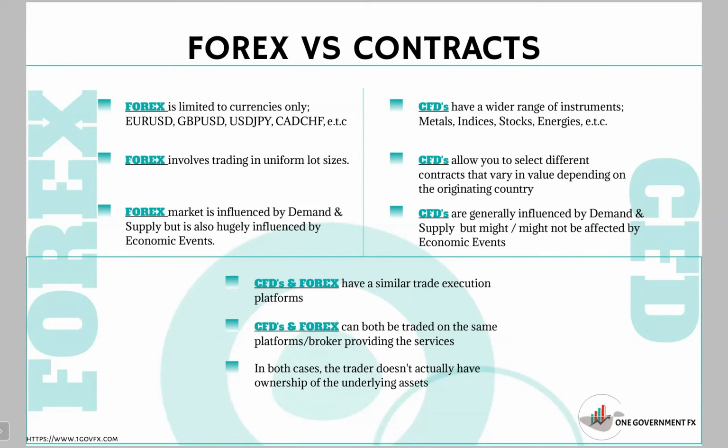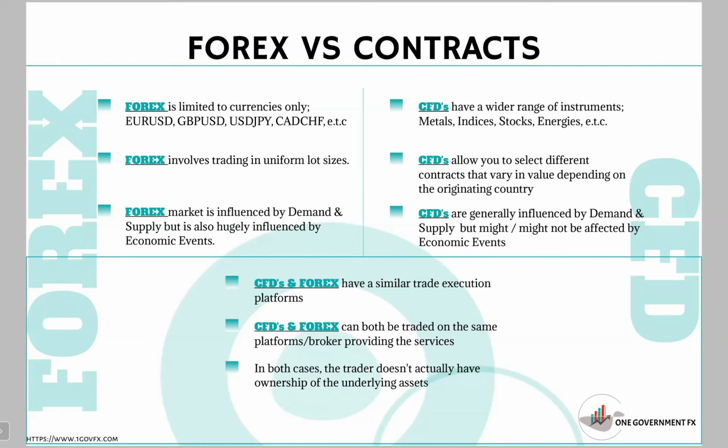Forex involves trading in uniform lot sizes. You may not know what lot sizes are now, so just take note of this. Further on in the course, we would break this down. CFDs allow you to select different contracts that vary in value depending on the originating country. The value of each contract for each of these CFDs depends on the countries they come from.